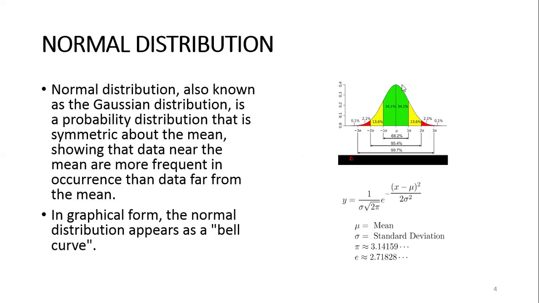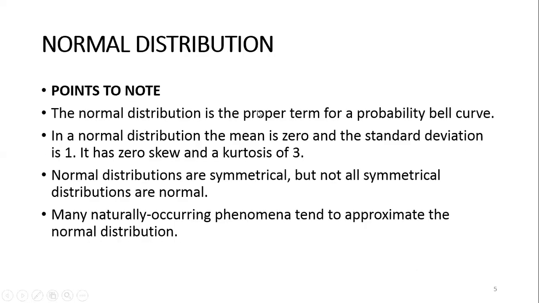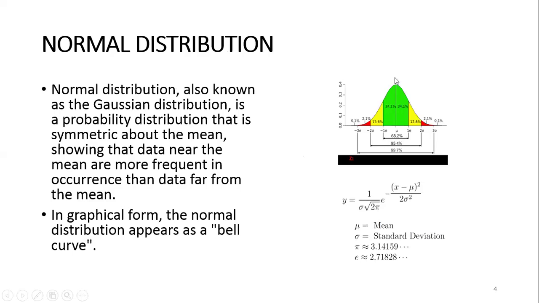What this curve actually tells us is that the mean, median, and mode are at the center, right? Anyway, the mean, median, and mode are all situated at the center here.